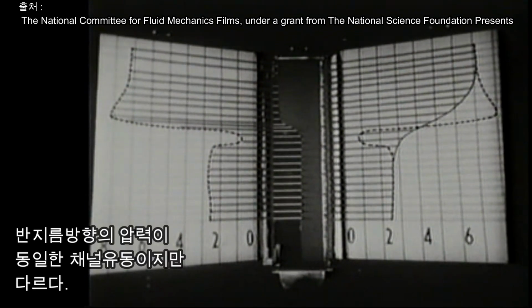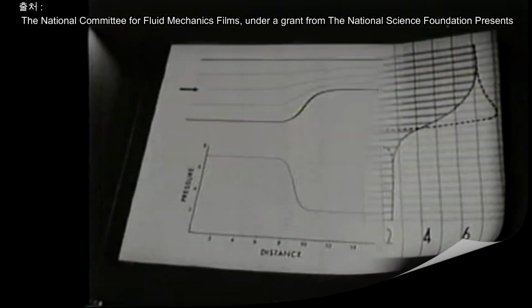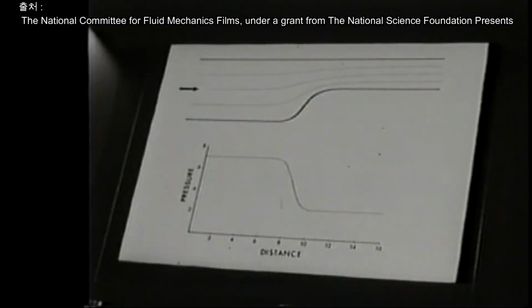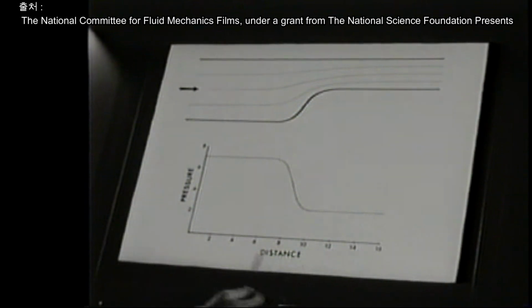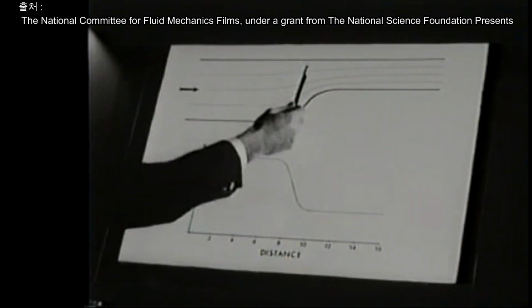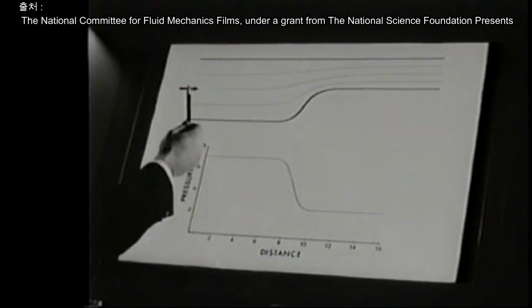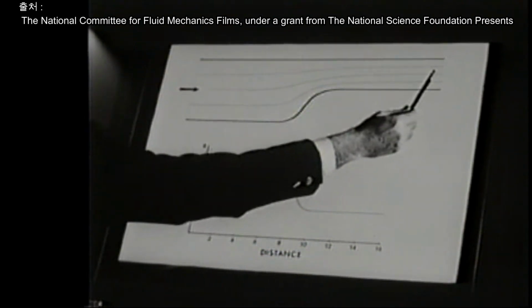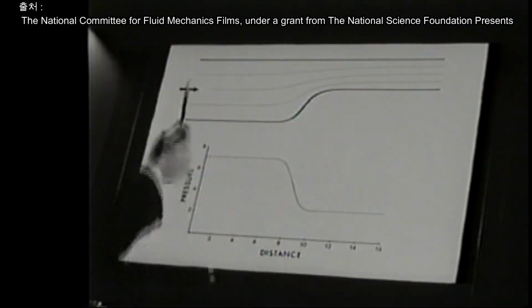Let's see how these pressure distributions may be predicted by the two dynamical equations and the equation of continuity. This curve of pressure versus distance shows the average streamwise pressure variation associated with the one-dimensional average velocity at each cross-section. Far upstream and far downstream, where the streamlines have no curvature, the pressure will be uniform over the two cross-sections.